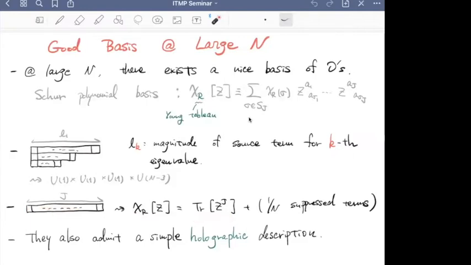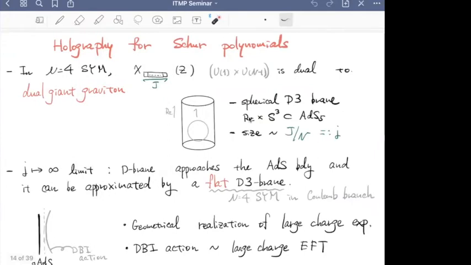Okay, and the further nice thing about this is that this operator admits a very simple holographic description. So let's discuss what the holographic description is.